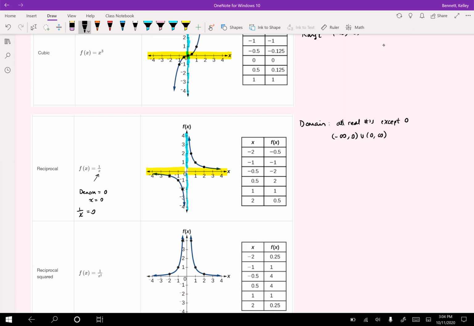That's what I want to figure out. What x can I put in to make this function 0? Well, if I multiply each side by x, I get 1 equals 0. That's never true. So there's no possible x value I could put into this to make it have a height of 0. And so the range is the same as the domain.